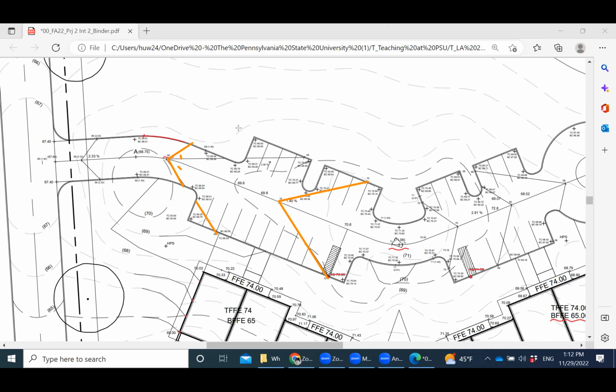So if I am doing a perpendicular line from this spot to the crown, I would expect that, let me make it more perpendicular. I would expect that to be like this.